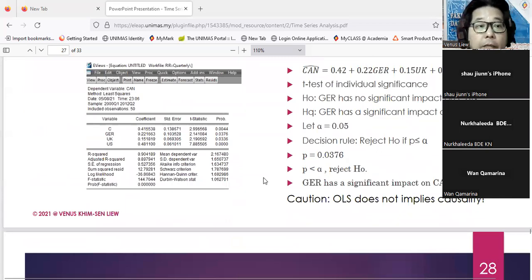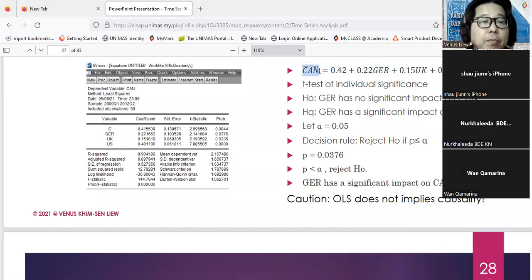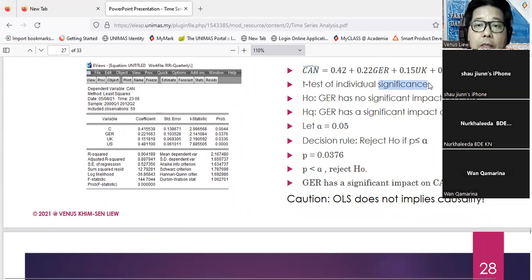The next thing that we need to interpret using our OLS result is, you say there is an association between this Germany interest rate and this Canada interest rate. Is that significant? Do we have a significant impact? Let's say you're talking about your significance level of 5%.